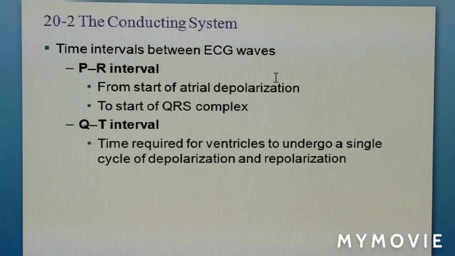The time intervals between what we're talking about. The P to R interval, from the start of atrial depolarization to the start of the QRS complex. The Q to T interval is the time required for the ventricles to undergo a single cycle of depolarization and repolarization.